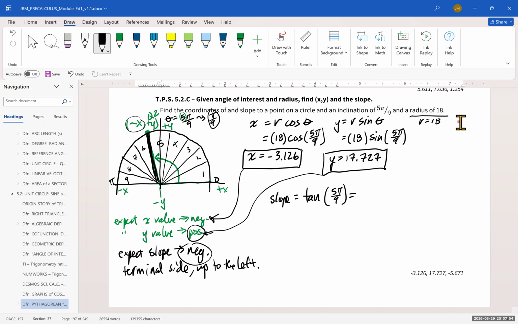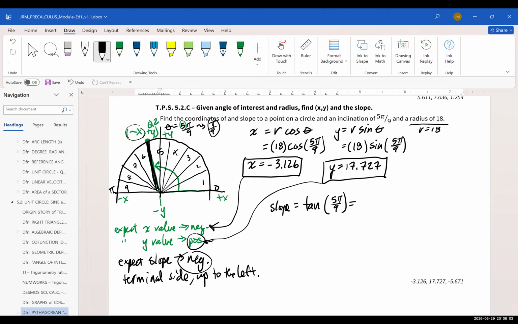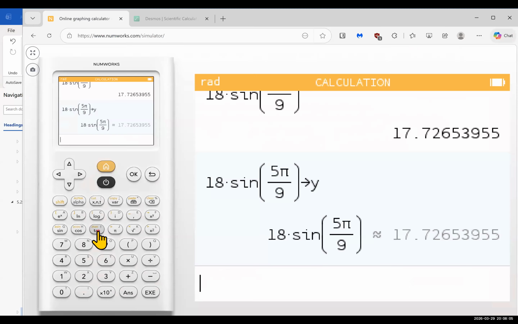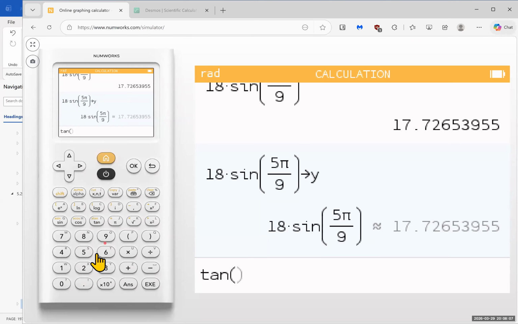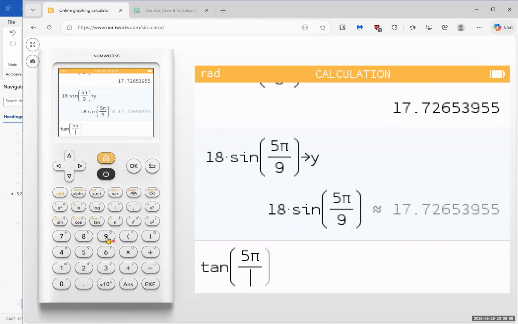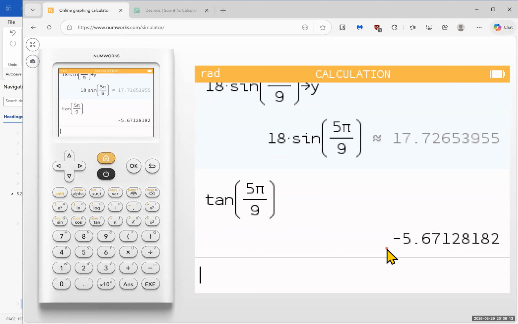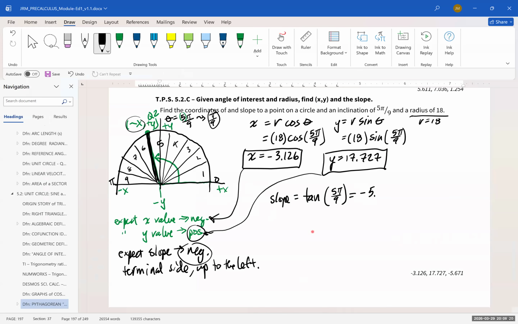Okay, so let's do tangent of 5 pi over 9. So tangent of 5 pi divided by 9. We get negative 5.671. So that's equal to the slope.